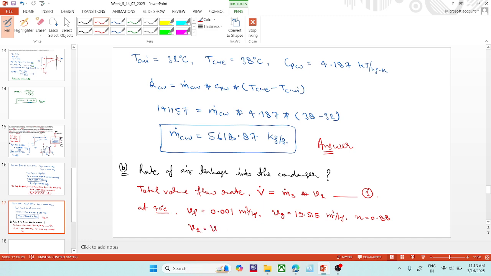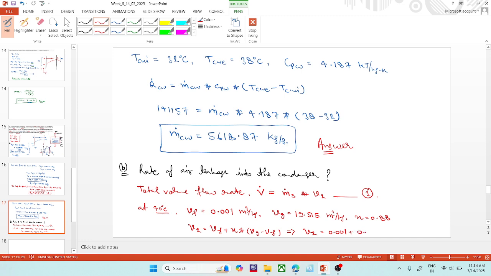V2 is equal to Vf plus X into Vg minus Vf.